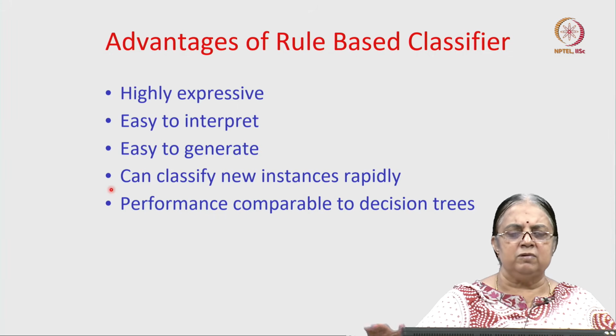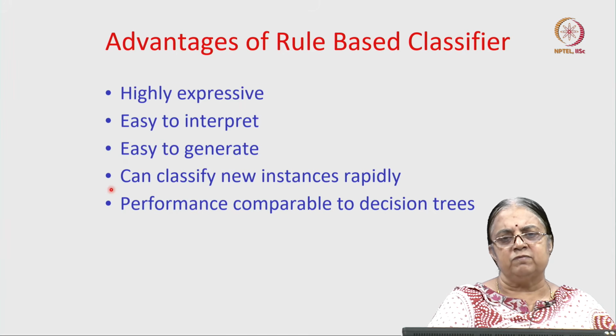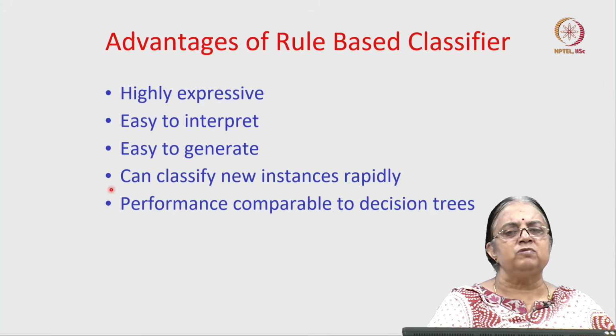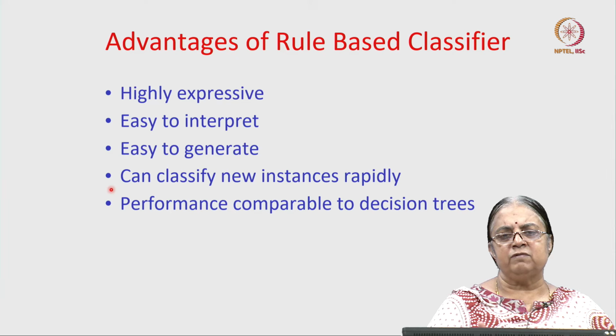Okay, if you have a rule based system, what are the advantages? It is expressive, because if a new pattern comes and you see which rule it fires, then you know why it is being classified as belonging to a particular class.